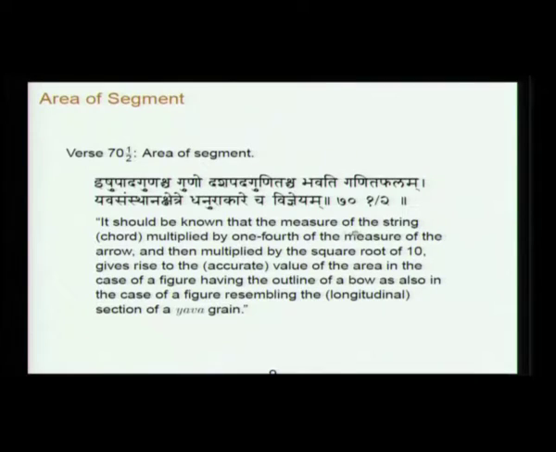It should be known that the measure of the string cord, you see, multiplied by 1/4 of the measure of the arrow and then multiplied by the square root of 10 gives rise to the accurate value of the area in the case of a figure having the outline of a bow, as also in the case of a figure resembling the longitudinal section of a Java grain. I do not know, that is what he says.